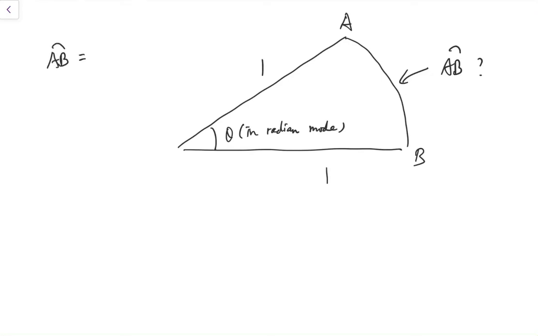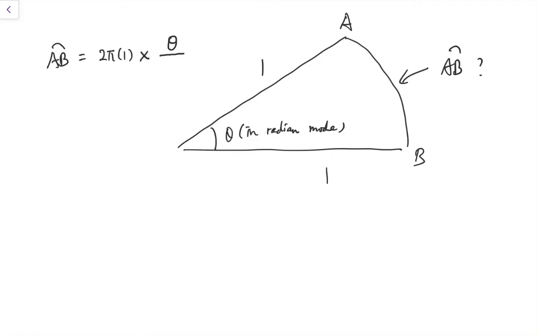So what is arc AB? We can just simply use what we have learned before. Arc AB is equal to, just bear in mind the arc is part of a circle, so we can use 2 pi r. So this is the circumference, and then we multiply the ratio.